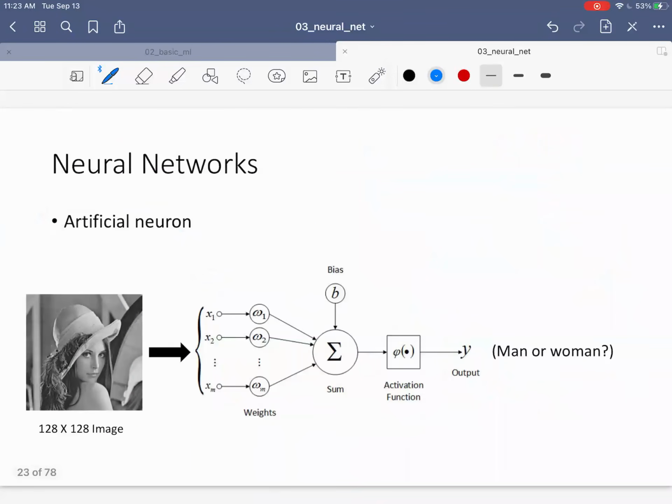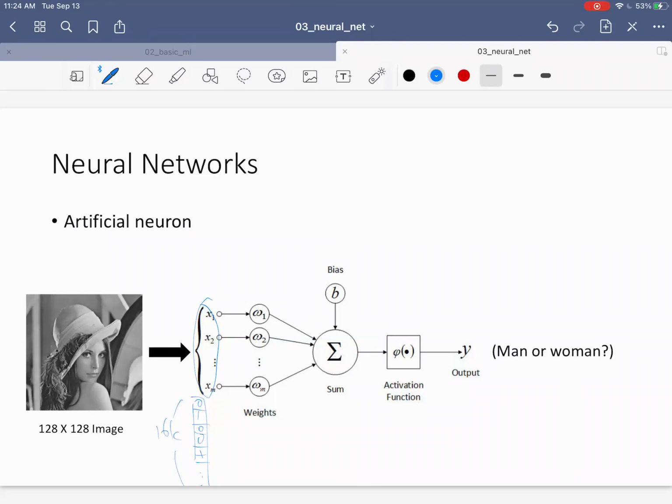So if we're going to do image classification with a single neuron, for example, we can still do that. We can still do binary classification with a single neuron. Then you can imagine these input values being the 16K dimensional vector with 0, 1, 0, 0, 1, something like that.